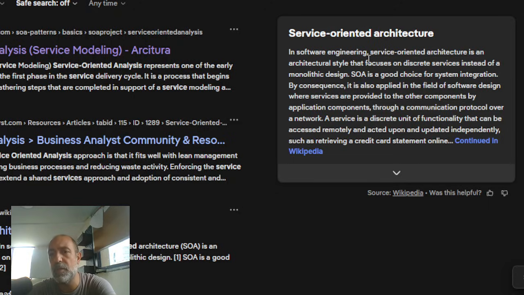SOA is a good choice for system integration. By consequence, it's also applied in the field of software design, where services are provided to the other application components through a communication protocol over a network. A service is a discrete unit of functionality that can be accessed remotely and acted upon. It's microservices. Service-oriented, not self-oriented.